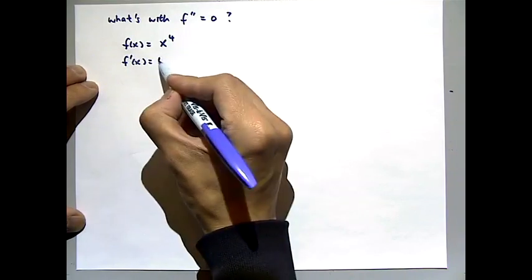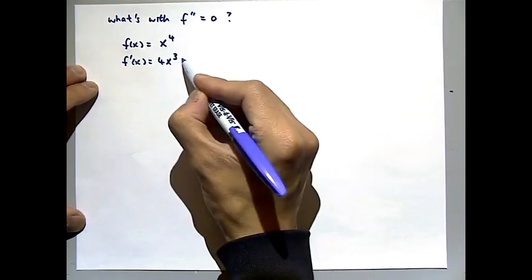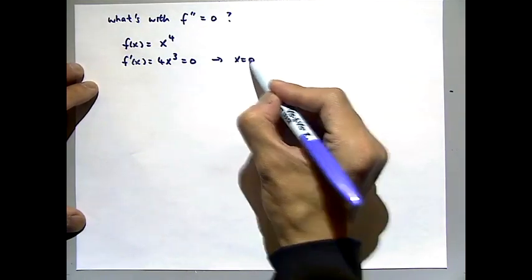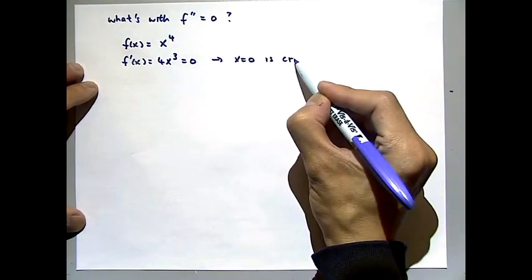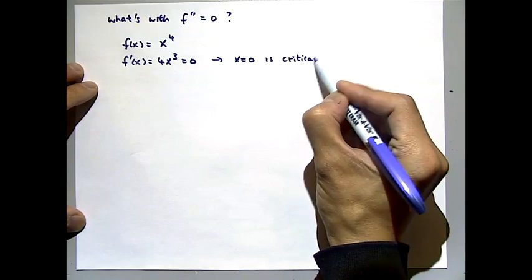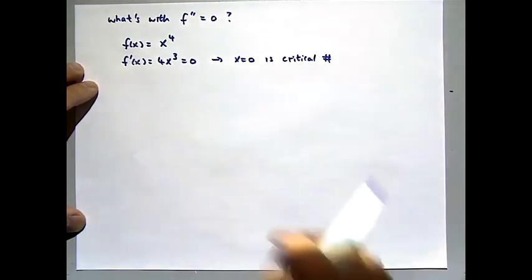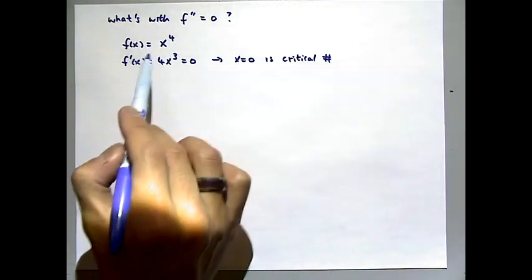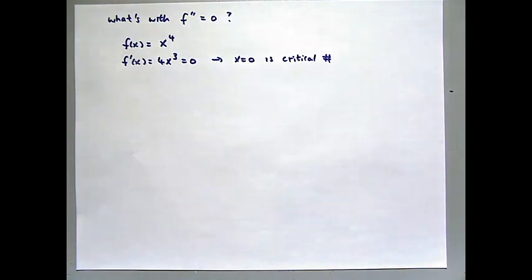If I take the first derivative and make that equal to 0, I see x is equal to 0 is a critical number, right? So there's potentially a local max or min there. But knowing the geometric shape of that, we already know it's a local minimum.